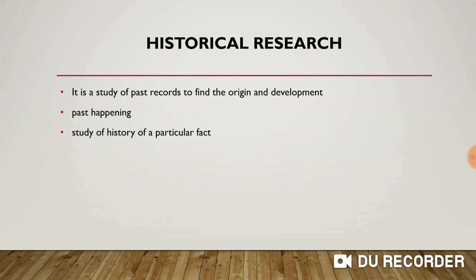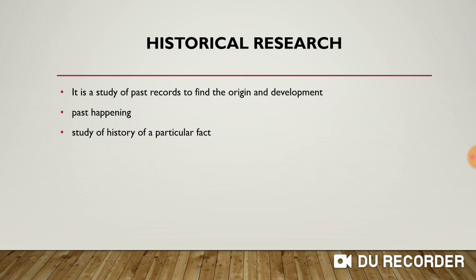So whenever the researcher considers past happenings to understand the origin and the development of that phenomenon, it is called historical research. It is the process of understanding the history of a particular fact.